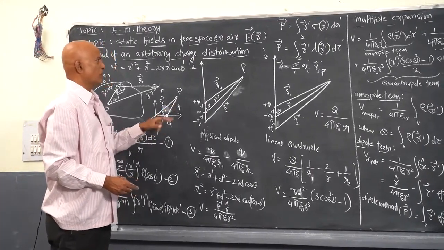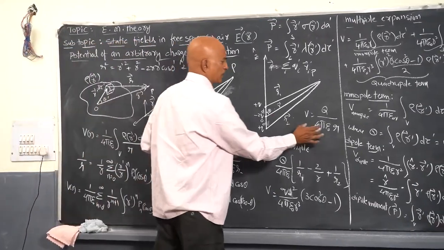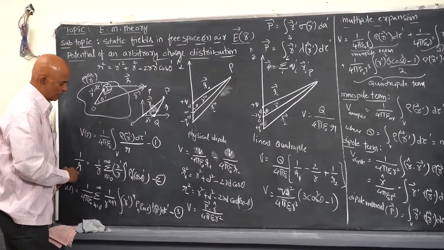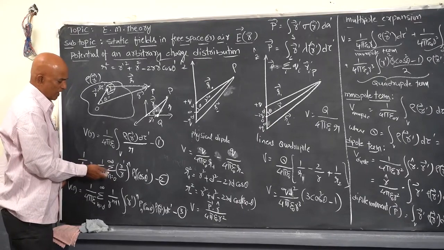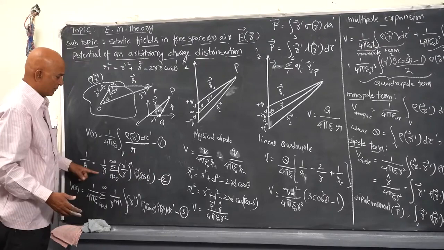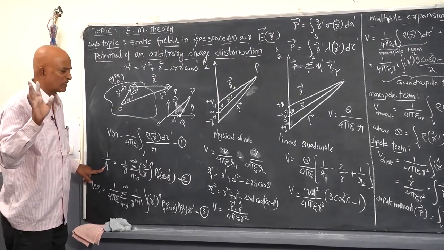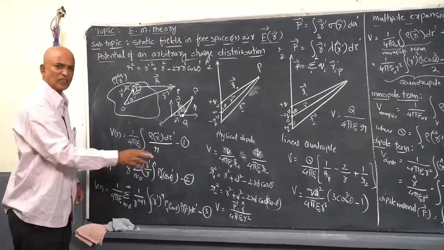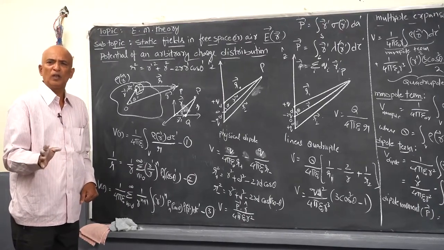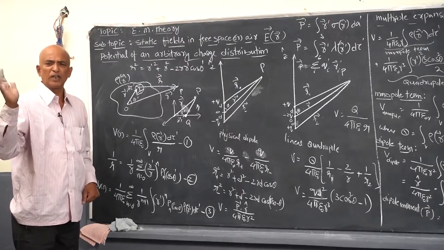Again 1 by separation vector is equal to 1 by r into the sum from n equal to 0 to infinity of r prime by r whole power n into Pn of cos theta prime. Means 1 by separation vector acts like a generating function for Legendre polynomials, and you get a series of terms. So when a point charge is at the origin, it acts like a monopole. It has only the monopole term, and all other higher multipoles vanish.